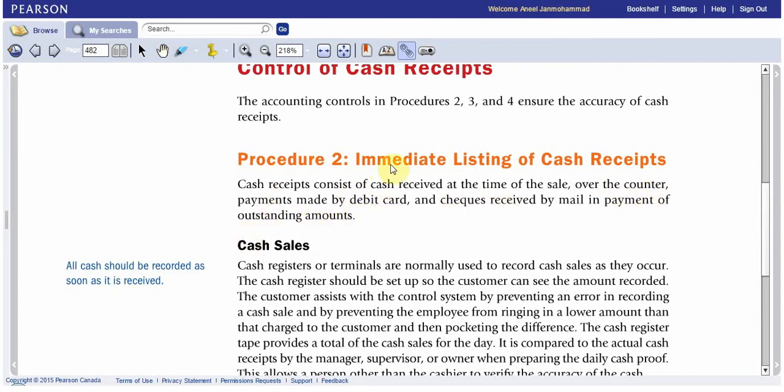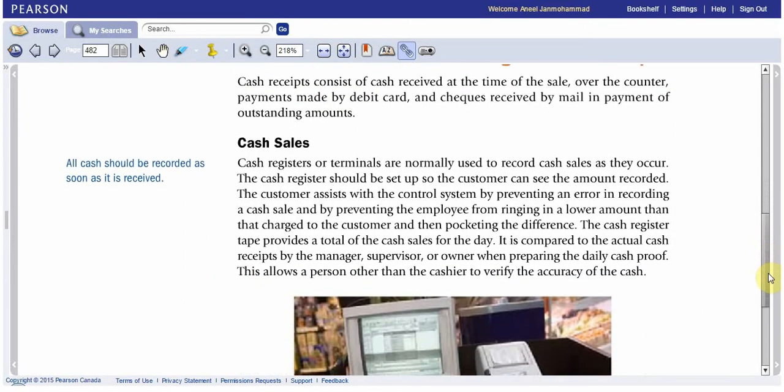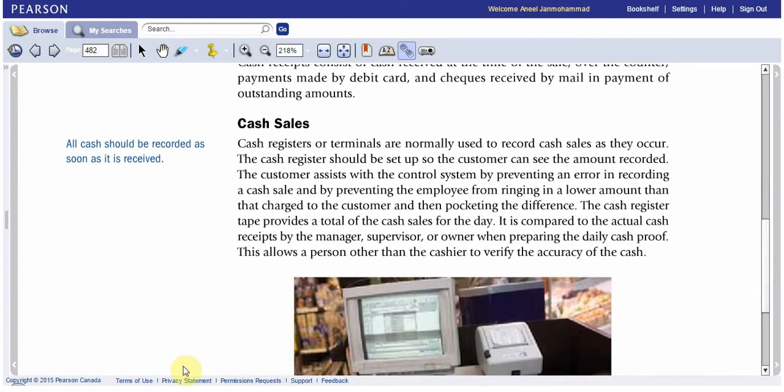So that's all the cash. So cash received right away, cash received with debit, and then checks received in the mail. That's all cash, right? So what it's talking about, all cash should be recorded as soon as it's received. There shouldn't be a waiting time. It should be recorded that same day.